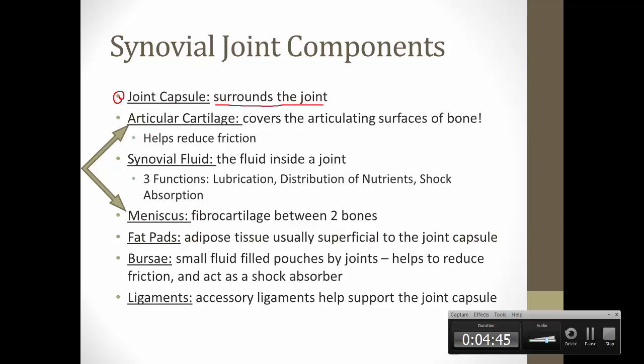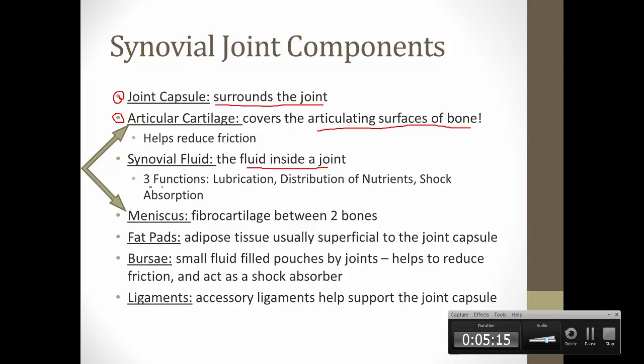The joint capsule gives us the space or the boundaries of the joint. Next, we have the articular cartilage, which is a type of hyaline cartilage that covers the surface of the bone at the articulation. Then we have synovial fluid, which is a fluid that is released by the synovial membrane in the joint capsule.